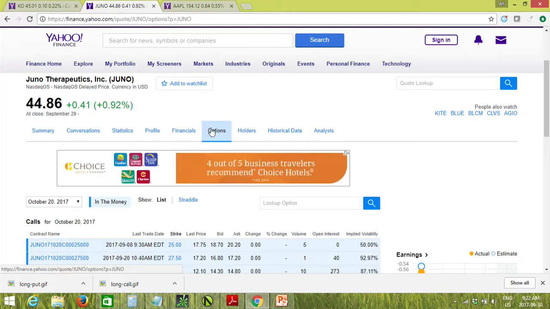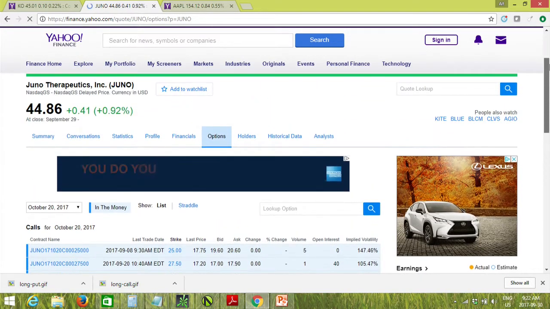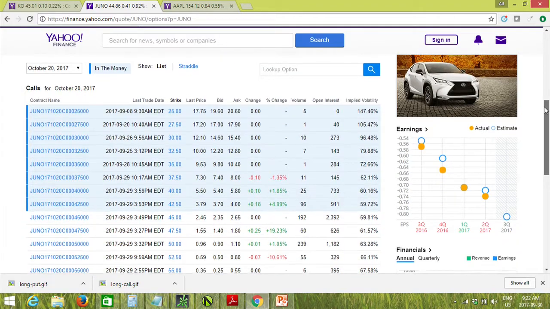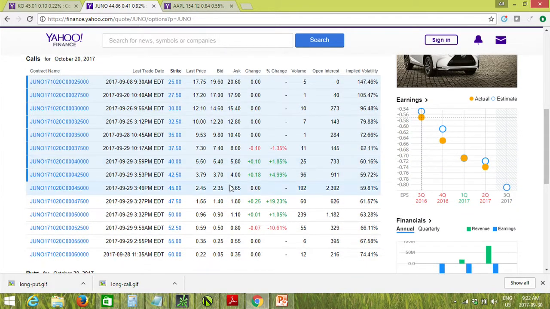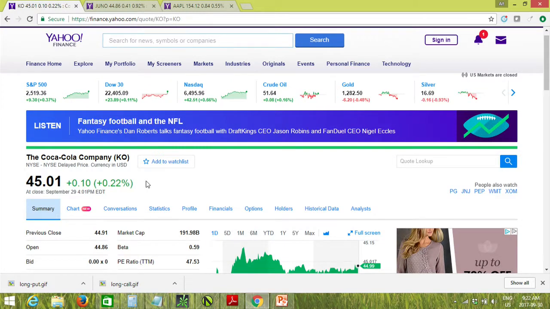Let me just pull up the option chart here and look at the October 20th. So what's Juno at? 40. So let's look at the 45 calls. I'm just going to look at the last price. The price of the 45 calls for Juno, October 20th, $2.45. So okay, great. So let's look at Coke.